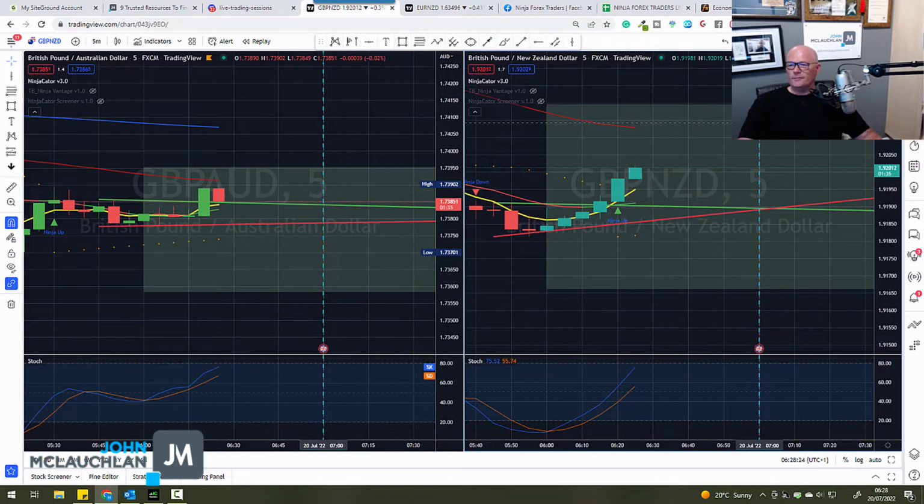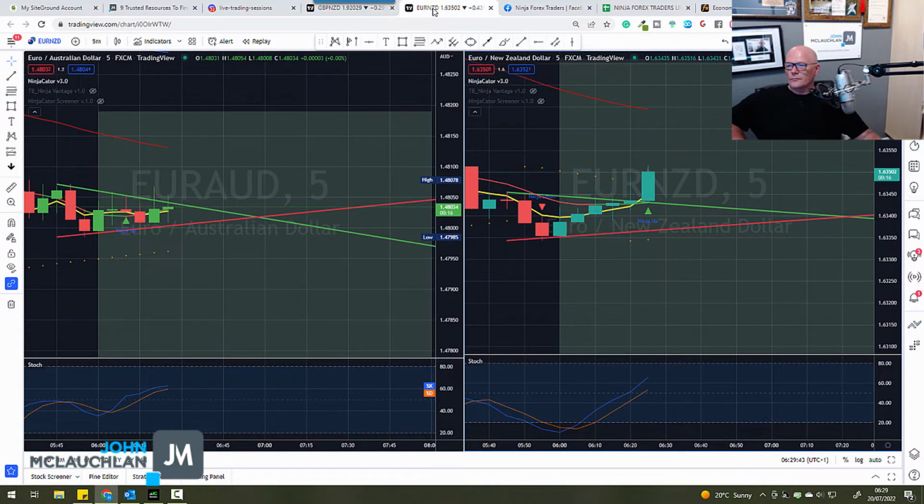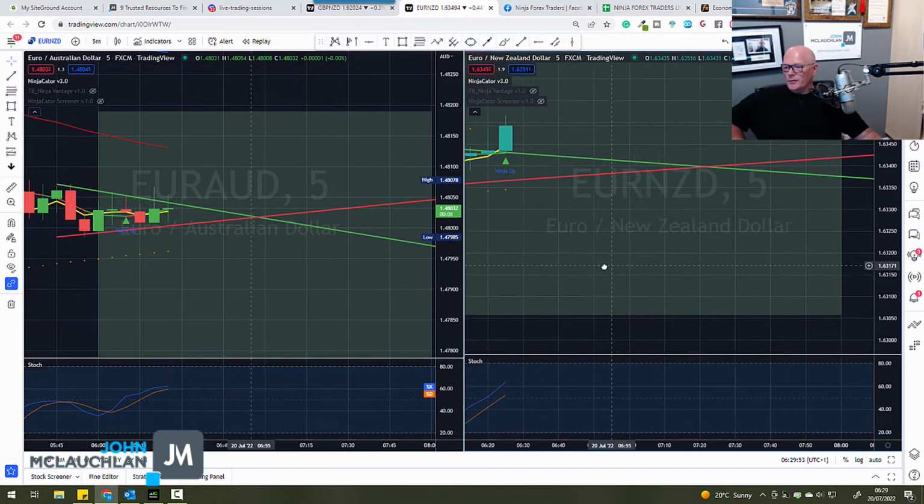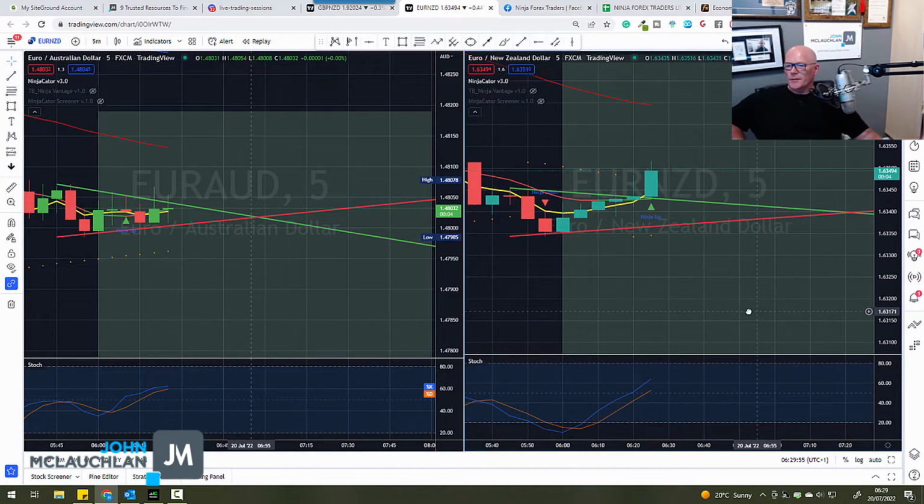Okay, and then this is what I like to see. So on this time frame, 15 seconds left. The euro, New Zealand dollar. Bear in mind we've got some euro news coming up at the same time. So again, this one potentially could be a good trade.